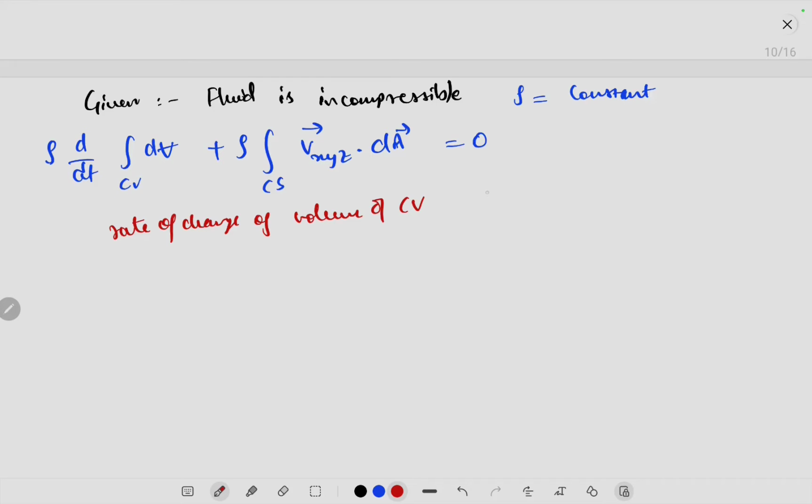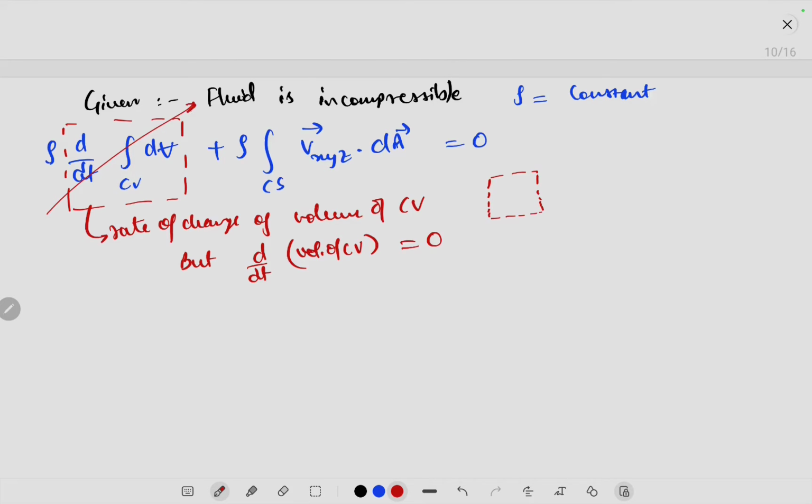And since we are defining control volume in such a way that its volume remains constant, this term is telling me the rate of change of your volume of CV, control volume. But d by dt of volume of control volume is 0 because volume of CV is constant.